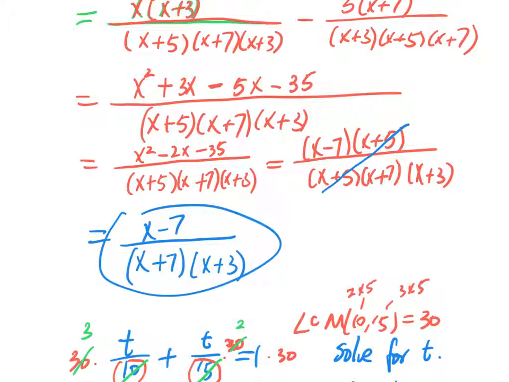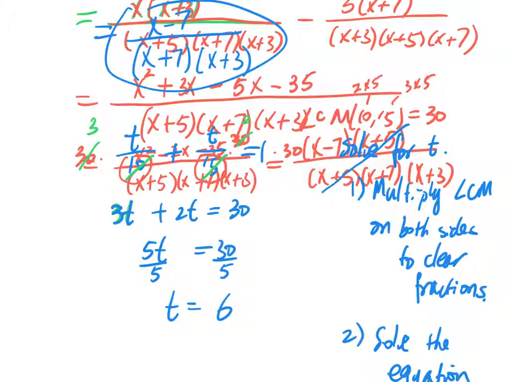So t equals 6. And for this problem, we do not need to check our solution. Next example, I'll show you another one. When the variable is in the denominator, there's one more step we have to do. Okay, let's look at another one.